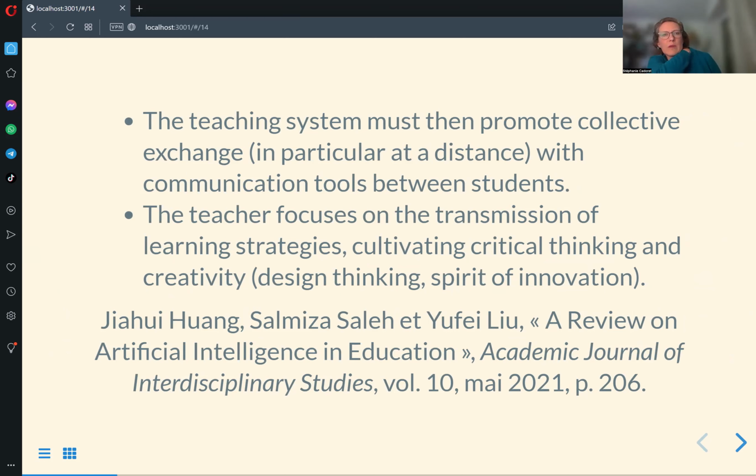We need to implement communication tools between students, and the teacher focuses on the transmission of learning strategy, cultivating critical thinking and creativity, design thinking, spirit of innovation, and so on. I will stress that this is a recurrent idea in Chinese articles. Right now they have identified that they will need to cultivate critical thinking among their students if they want to survive the AI revolution, sort of.